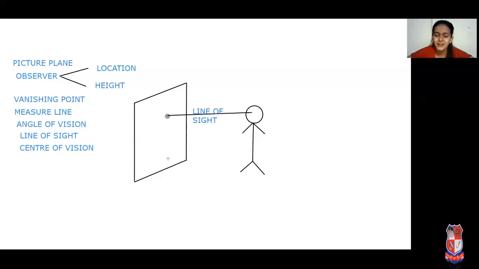Now consider a plane coming out of your eyes. Firstly, we assumed a single ray coming from our eye, that is the line of sight. Now we have to consider a horizontal plane coming out from our eyes.